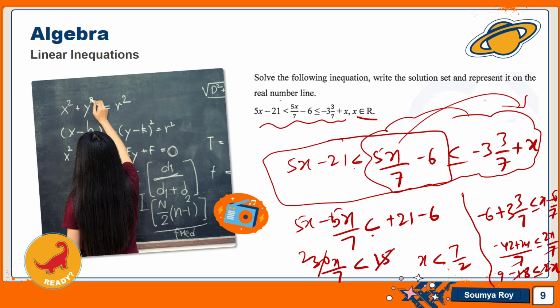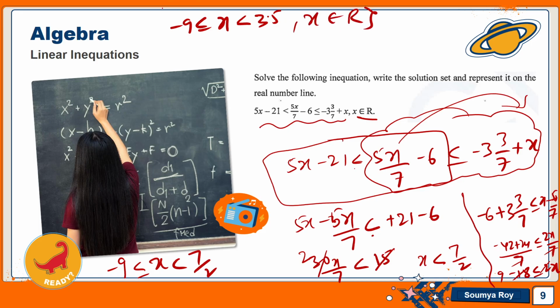So 2 9s are 18, so we got x greater than or equal to minus 9, and on the other side x less than 7 by 2. Something like this: minus 9 less than or equal to x less than 3.5, or 3 whole 1 by 2, whichever suits better, and x belongs to real numbers. This is your solution set; you just represent it like this.